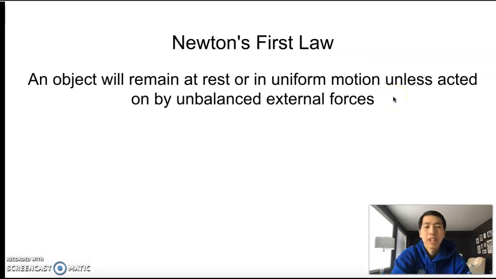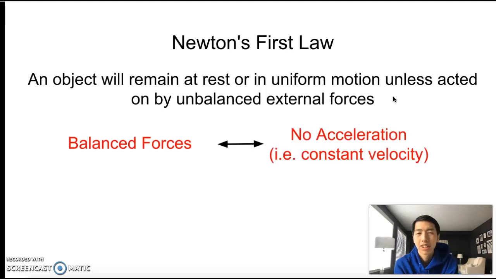So here is a statement of Newton's first law. An object will remain at rest or in uniform motion unless acted on by unbalanced external forces. I tried to simplify that sentence by summarizing it in one or two shorter statements.